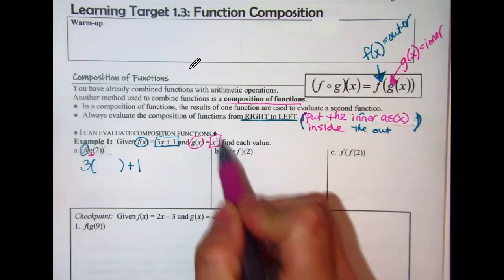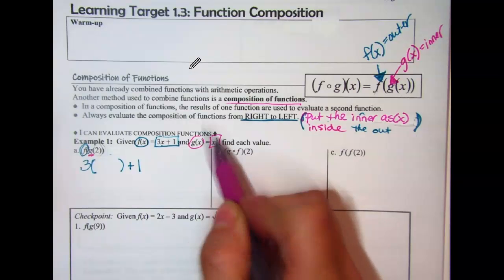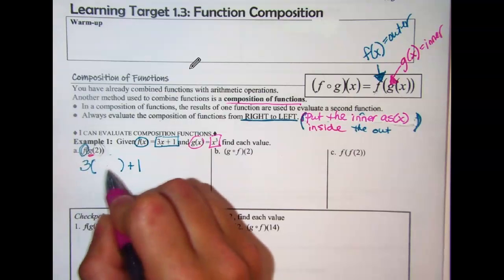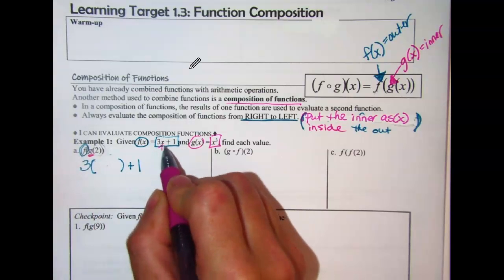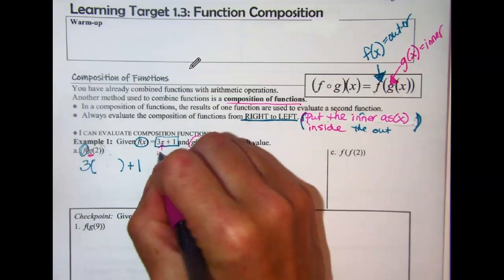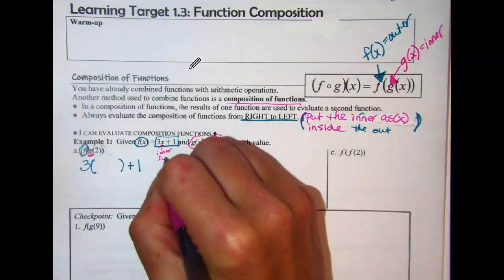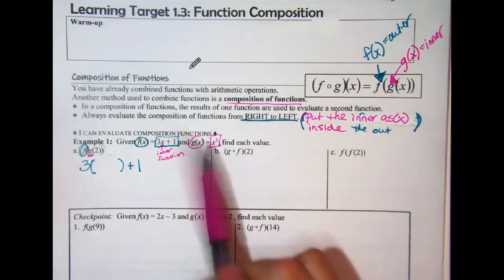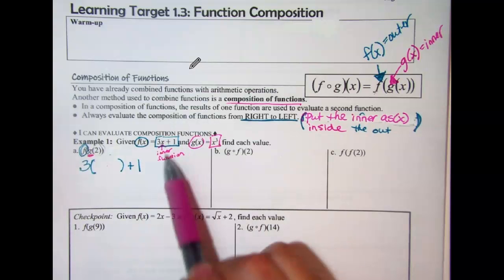We're going to plug the other function, the inner function, in here. So g goes in here as that x value. I plug in my inner function. I like to write that again, just so I know when I look back at my notes what I'm doing: I'm taking the inner function and plugging it in.